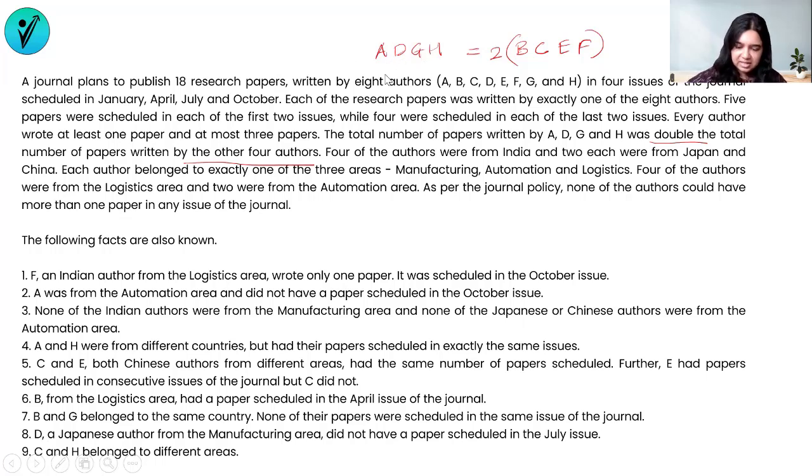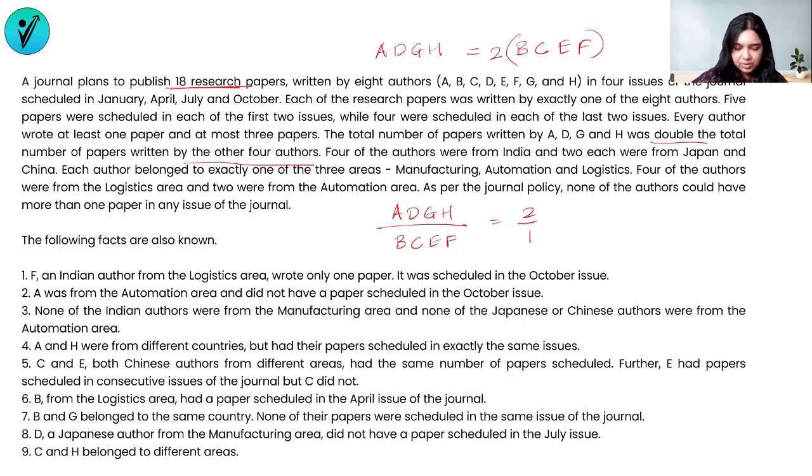That means, can I say that the number of papers written by A, D, G, H divided by the number of papers written by B, C, E, and F will be in the ratio 2:1? So if this ratio is 2:1, and I already know that there are a total of 18 research papers, can I distribute them in 2:1?